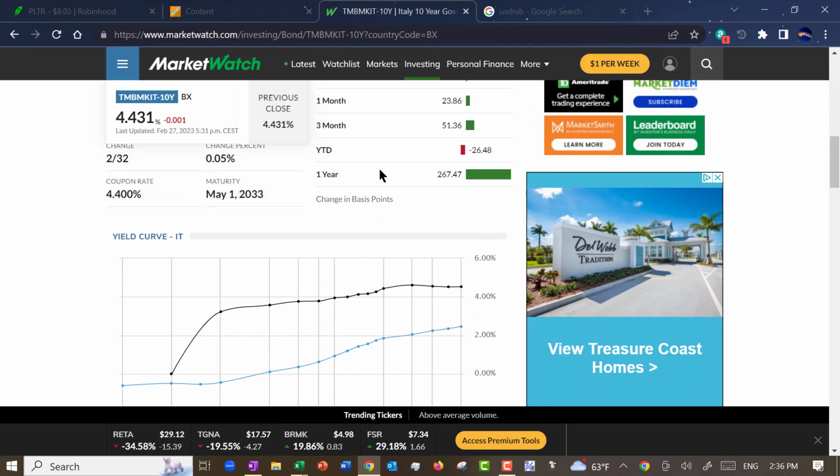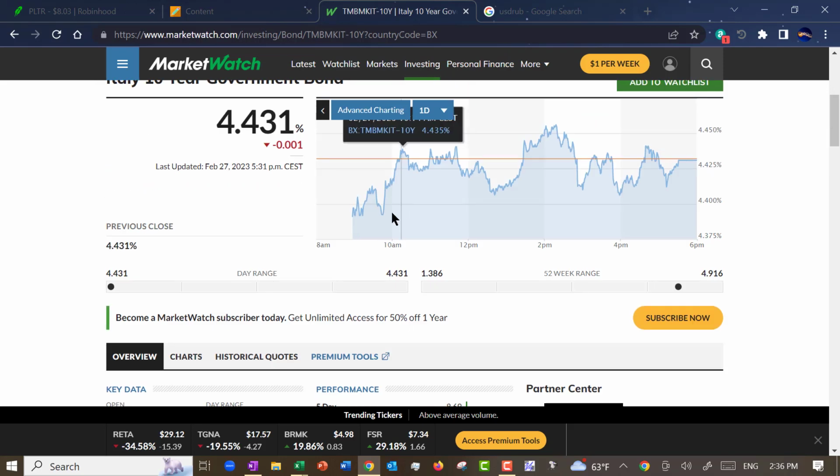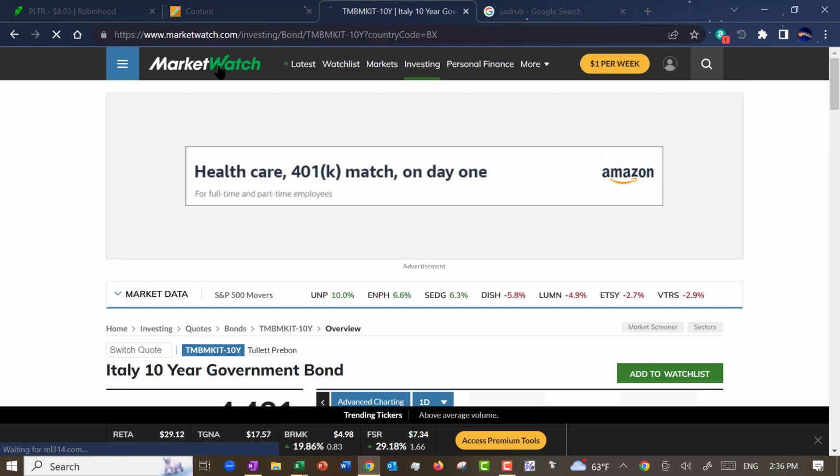But since Germany is viewed as a lot more reliable, the yields on euro-denominated bonds issued by Germany are much less. Let's go to the base here. For example, 10-year German bonds yield 258, Italian bonds yield 453.